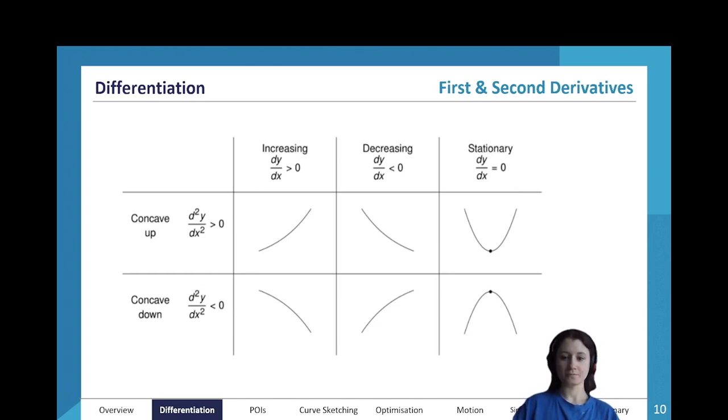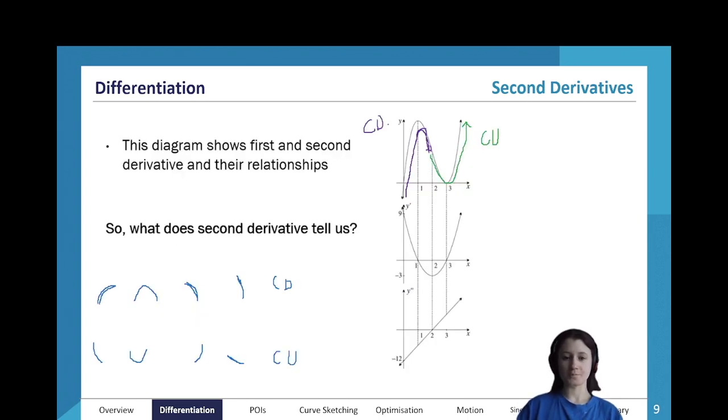Now, before we move on any further, I just want to make a quick point about what concavity actually is. So far we've been explaining concavity with reference to whether the curve would catch or deflect the rain.